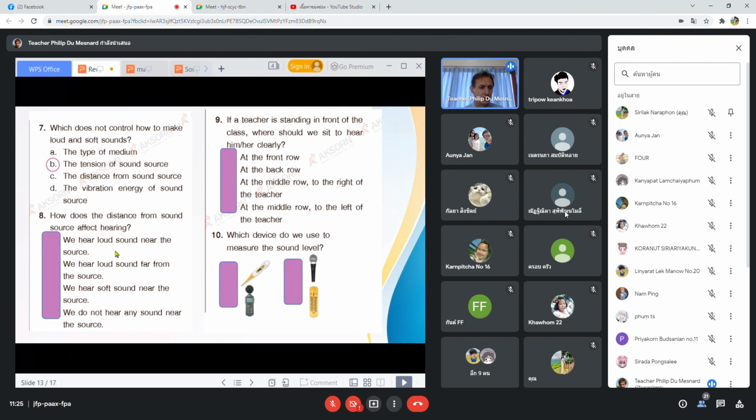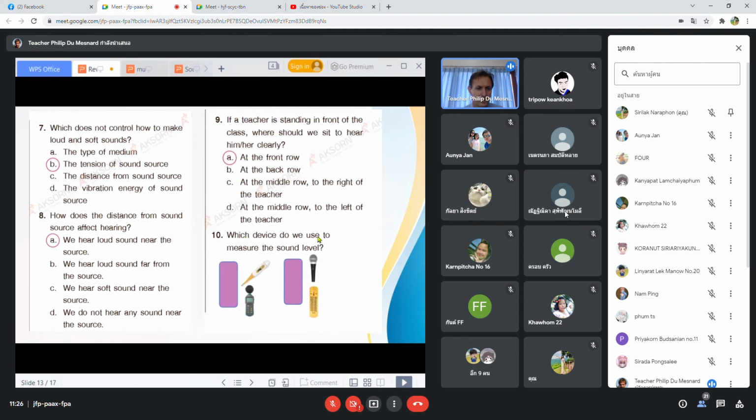If it's near, it's more loud. So I think that's A. Yes. Question 9, if the teacher is standing in front of the class, where do we have to sit to hear clearly? I think the answer would be close to the teacher, the front row. Yes.